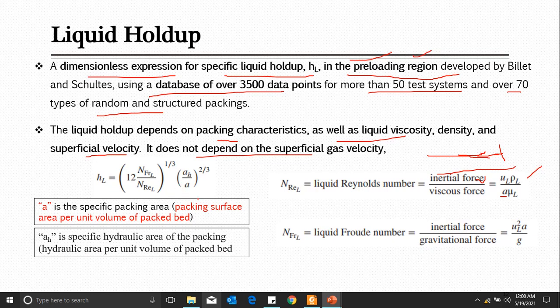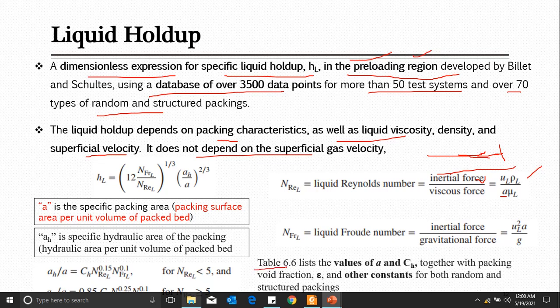For this AH over A, they have also provided correlations. If the Reynolds number is less than 5, AH over A is calculated from this correlation, where CH is a constant dependent on the packing, along with the Reynolds number and Froude number. If the Reynolds number is greater than 5, the specific hydraulic area to specific packing area ratio is calculated with the other correlation.